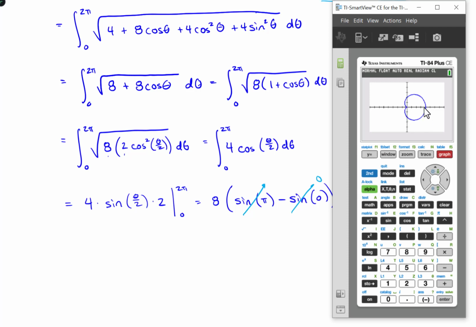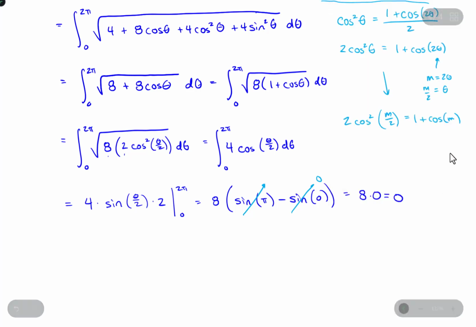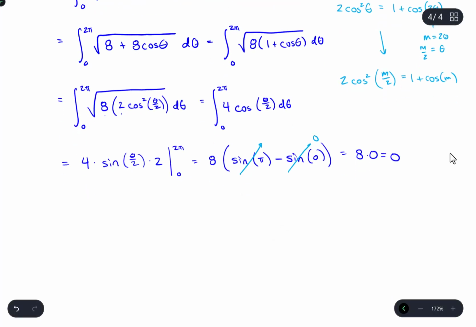So perhaps if I only calculated from 0 to pi and then doubled that, then I would get a better response. So let's do that. Let's try this and see what happens. So we'll just go from, say, this step right here down to this step.